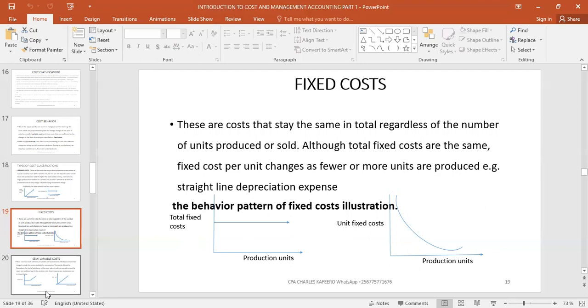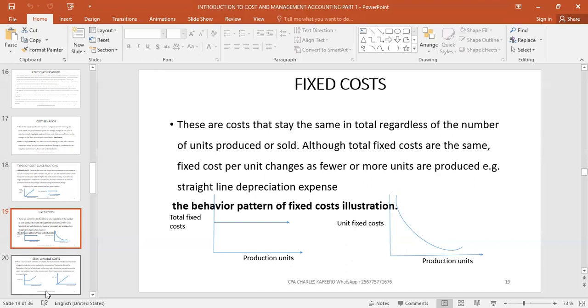Remember, if you have bought an asset of 10 million and you take 10% of the 10 million, that will be 1 million. Even next year, we are going to keep the 1 million, but the net book value of the asset is going to be reducing. When you take out the 1 million, the net book value will turn to 9 million instead of the 10 million. But the depreciation expense will remain the same.